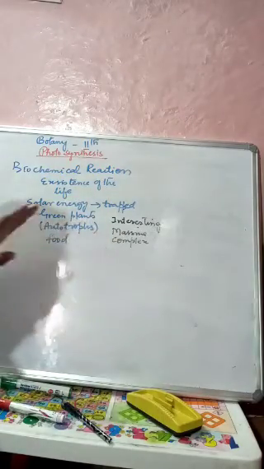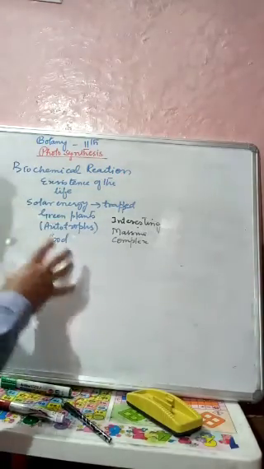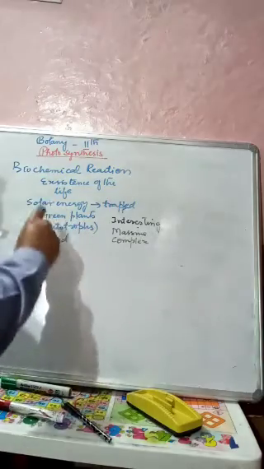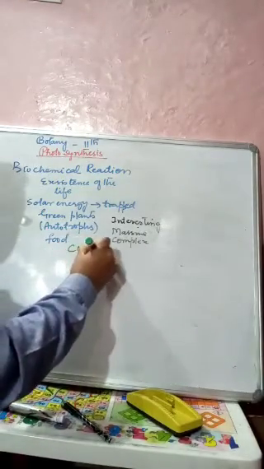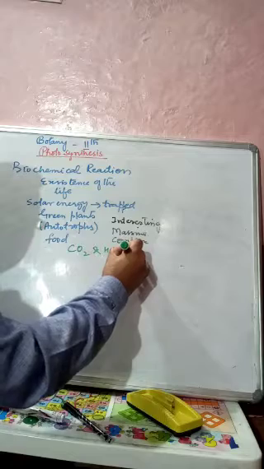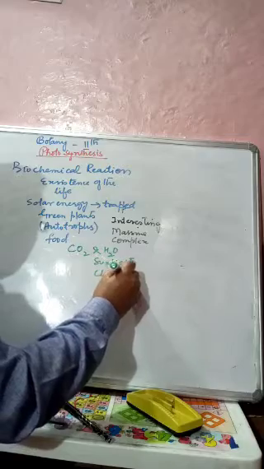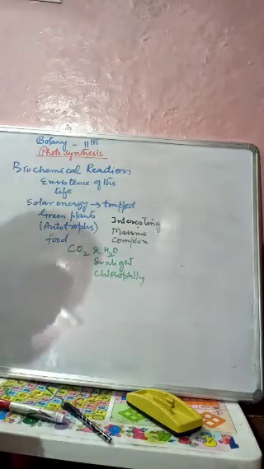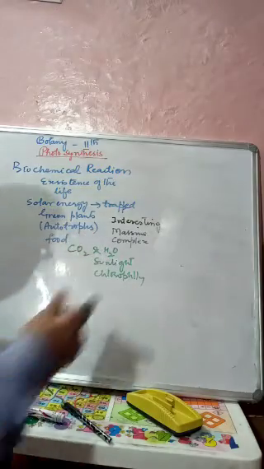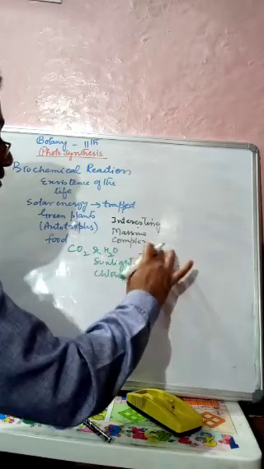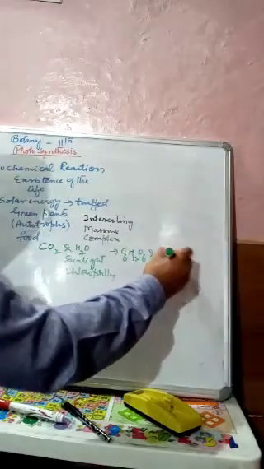In this process, as I have already told you, the green plants or autotrophs make use of inorganic substances like carbon dioxide and water, and making use of the sunlight, the solar energy and chlorophyll, this carbon dioxide and water are converted into carbohydrates and oxygen.